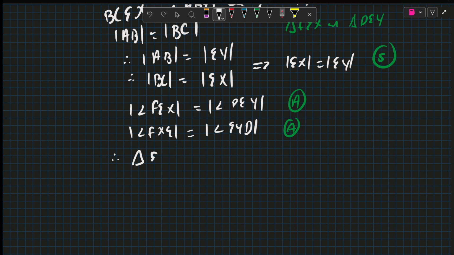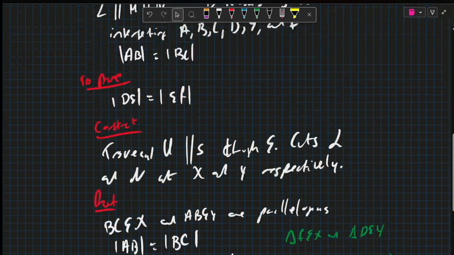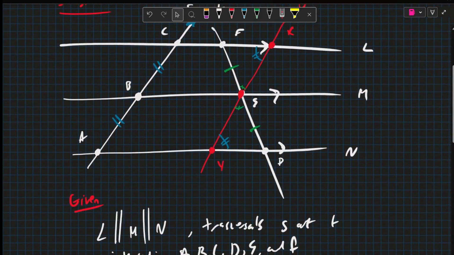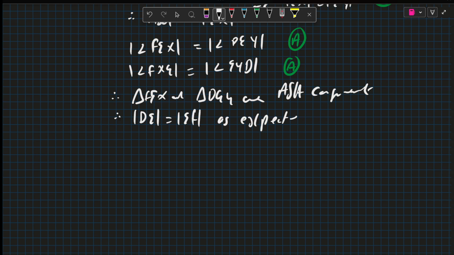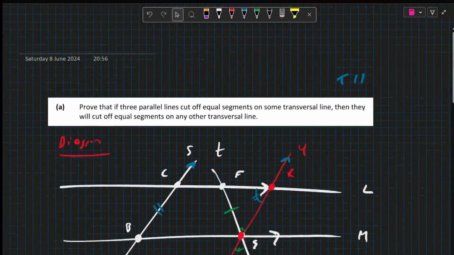Therefore, triangles FEX and DEY are ASA congruent. Therefore, the lengths DE and EF must be the same. And that's Theorem 11 done.